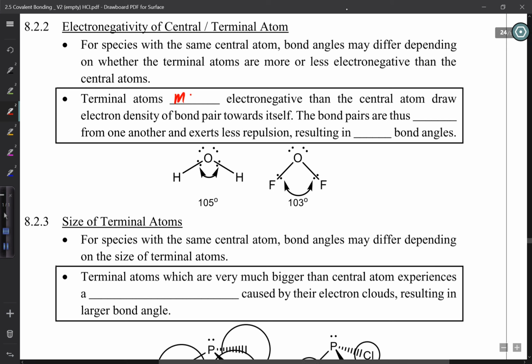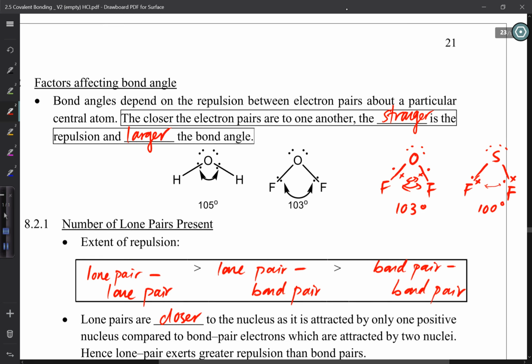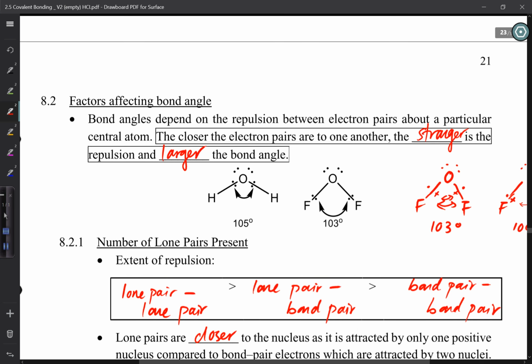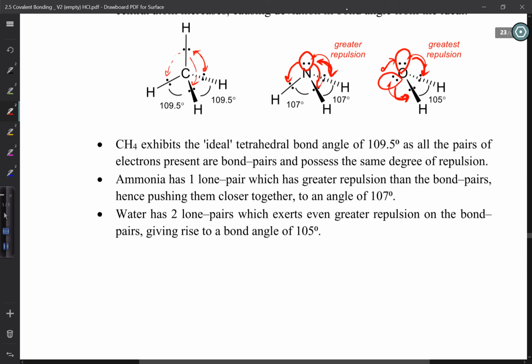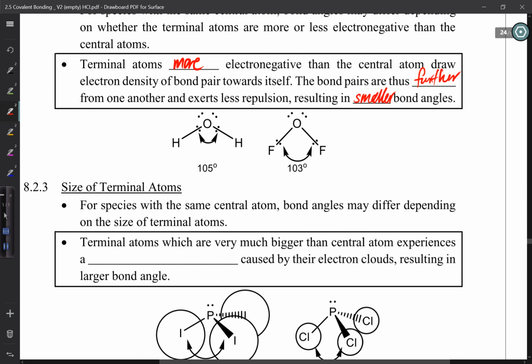Terminal atoms more electronegative than the central atom will draw electron density towards themselves, and the bond pairs are thus further from each other and exert less repulsion, resulting in a smaller bond angle. So this is exactly what I mentioned earlier.